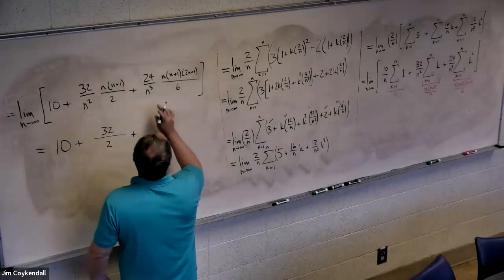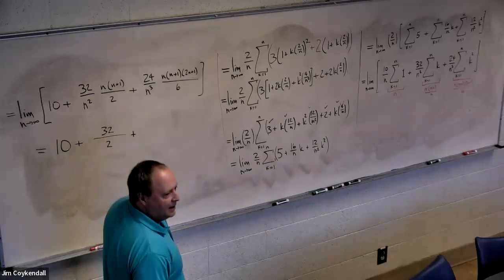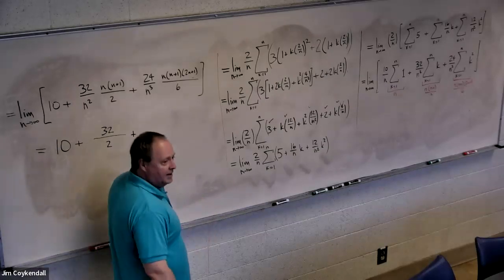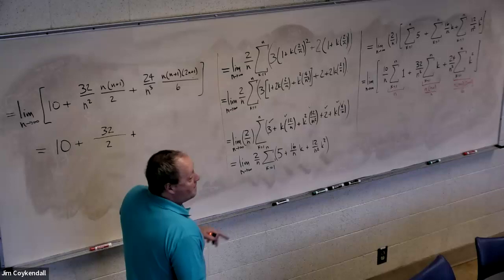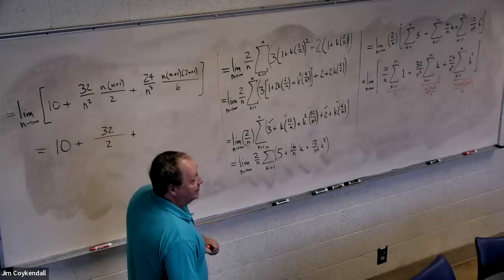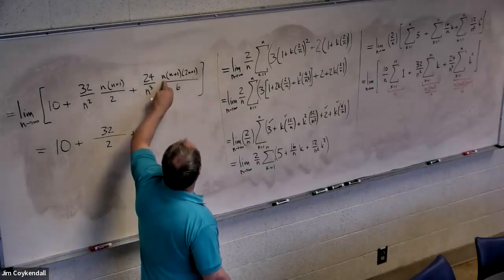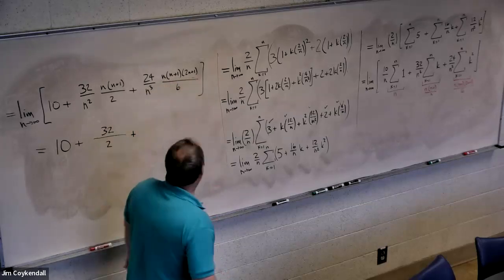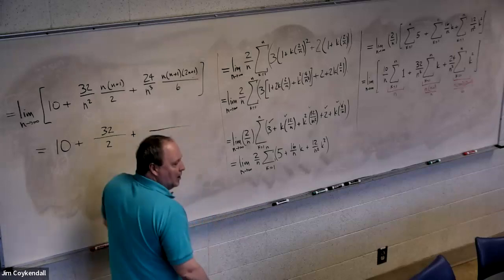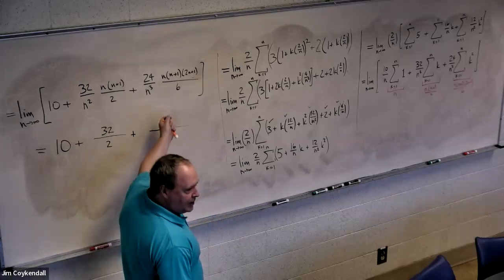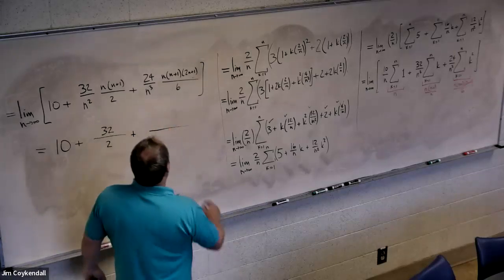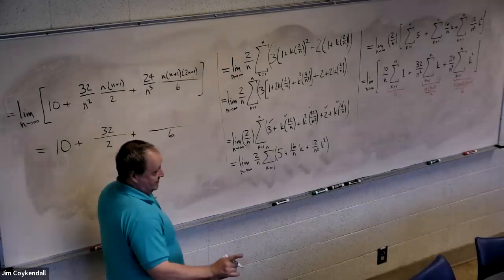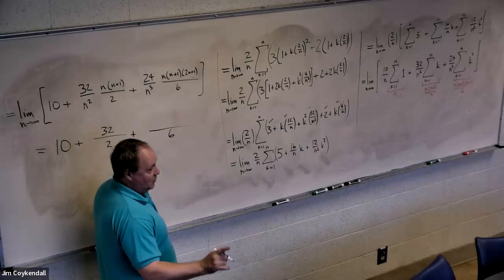How about this one? What's the biggest power of n you see in the bottom? 3. Biggest power you see in the top? Yeah, in the top, the biggest power is also 3. Got a tie. What's the multiplier of the cubic term in the bottom? What's the multiplier of the cubic term in the top? Careful. 48, that's right.